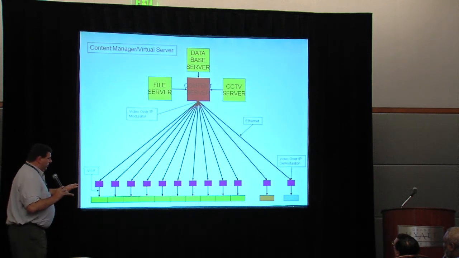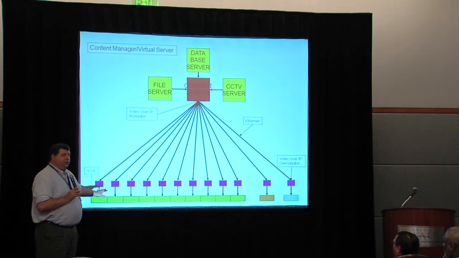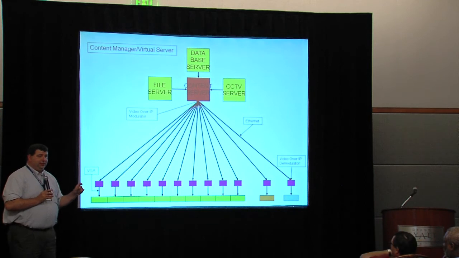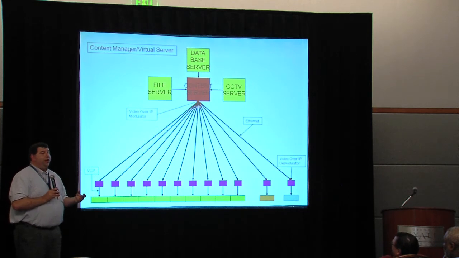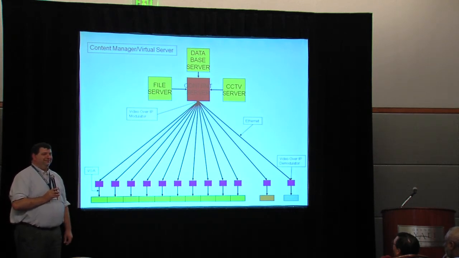So our notion here is not only to cause there to be an abstraction between the physical displays and their content, but more importantly, to broaden the functionality that each display will have. Yeah? That's all I have to say.